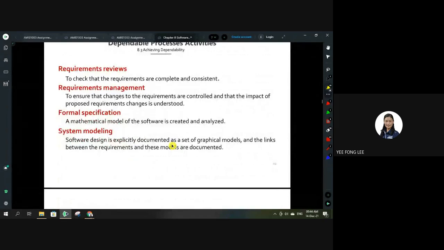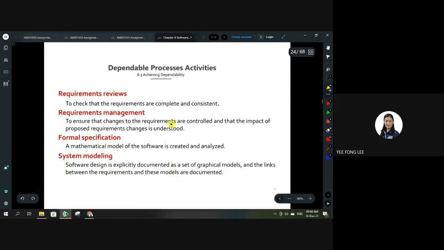Here are the activities, the dependable process activities. These are the activities used in dependable processes. This depends, not every system is the same. It depends on what type of system or software is being developed.